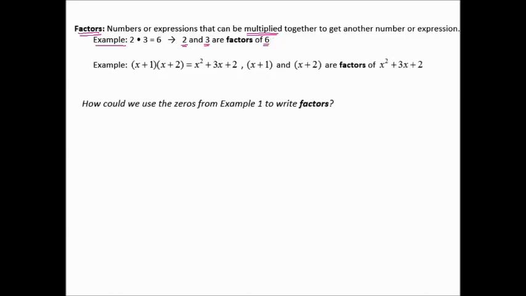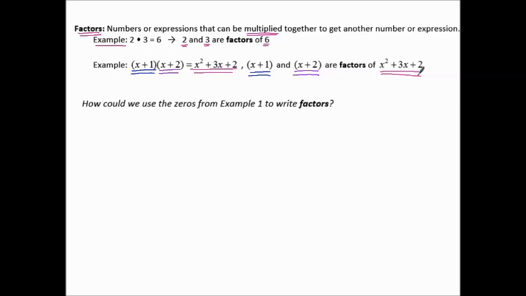So just like that, x plus 1, which is an expression, times x plus 2 will give me x squared plus 3x plus 2. Therefore, x plus 1 and x plus 2 are factors of x squared plus 3x plus 2. We'll look into more about how that comes about a little bit later in the lesson, but that's just what we want to look at as factors, things that multiply to be something else.